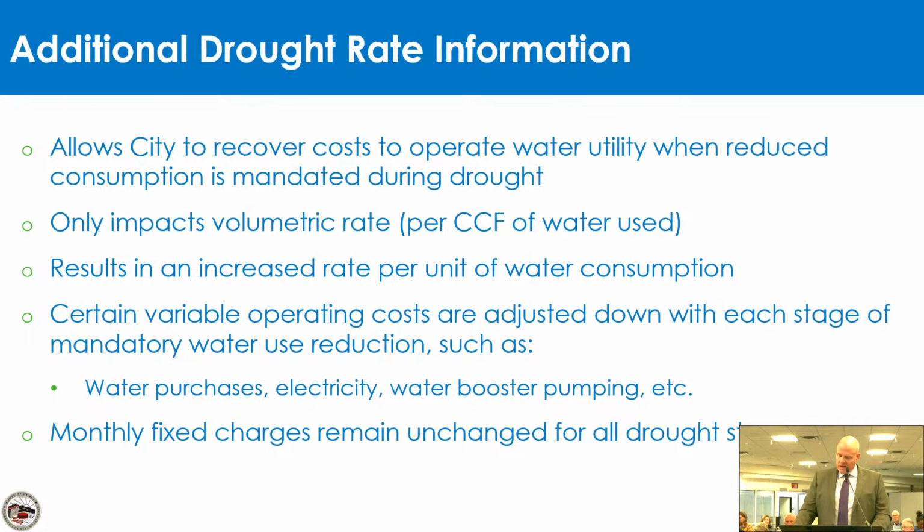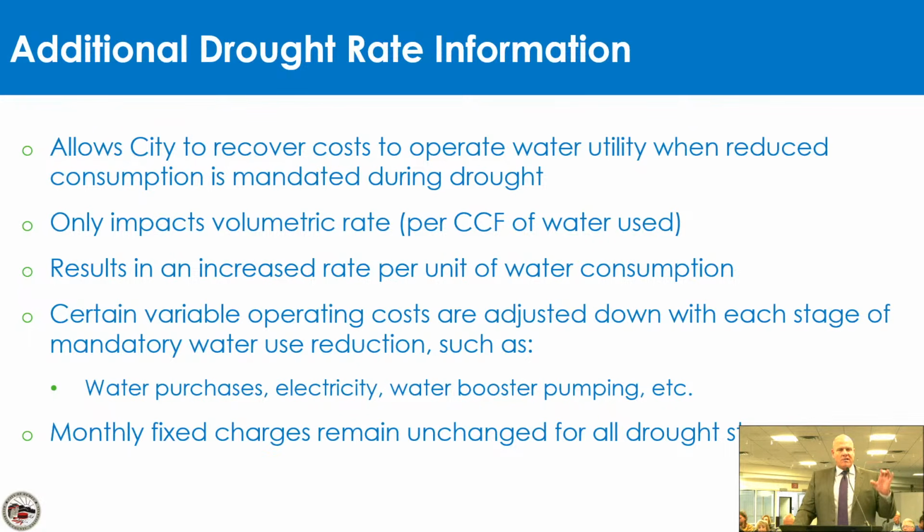It allows the city to make sure it's still able to recover the cost of operating the utility when demand goes down as a result of the drought ordinance being enacted. It only impacts the volume rate, or the consumption rate, so the base charge remains the same. Only the volume rate changes, based on the amount of water used.